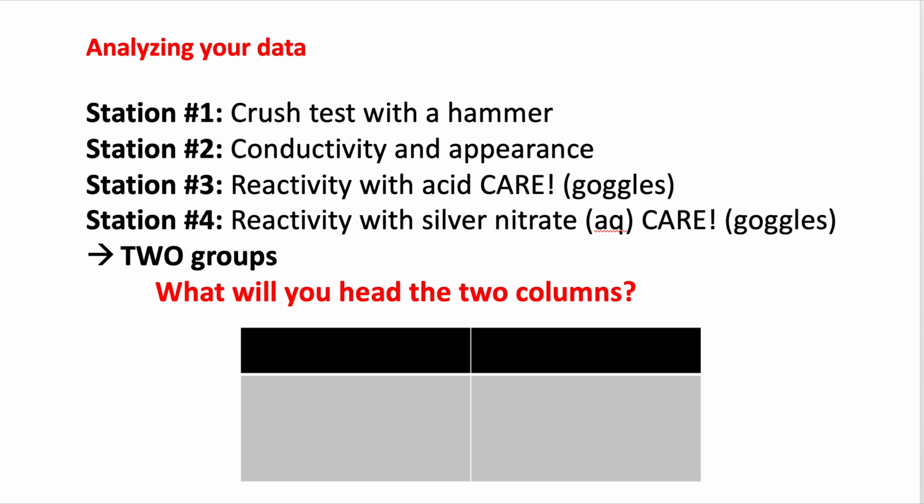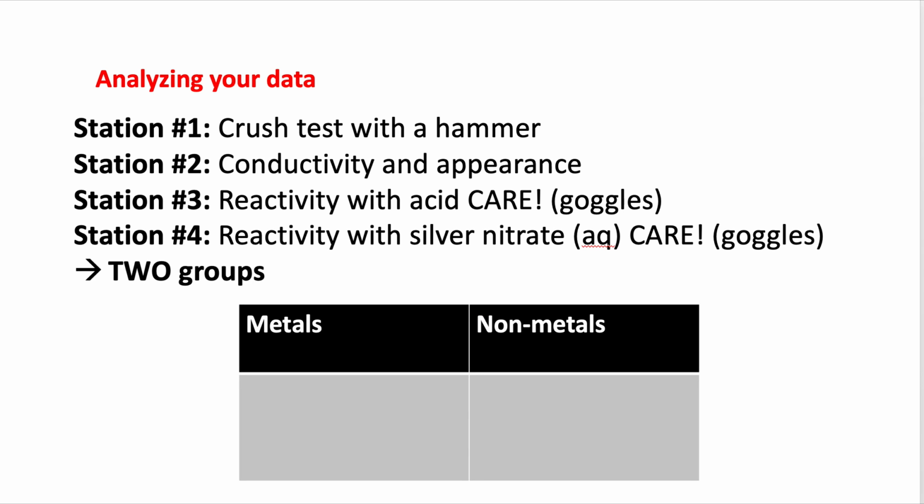Okay, you're going to analyze your data. So from the hammer test, conductivity, appearance, acid and silver nitrate reactions, what are you going to head the 2 columns? So you can divide them up. Well, sort of given it away with the name of the experiment. So I've got 2 groups here.